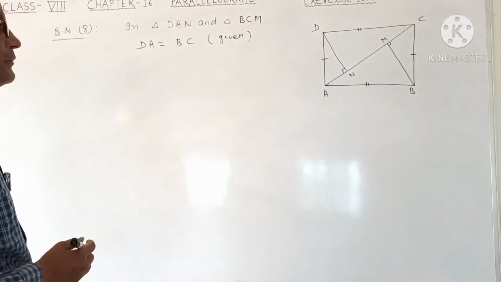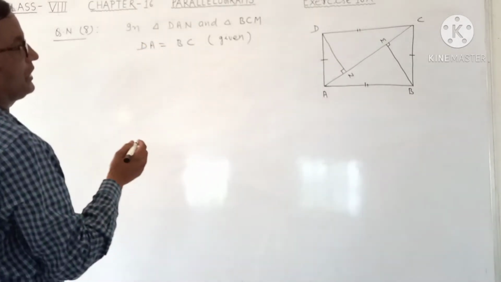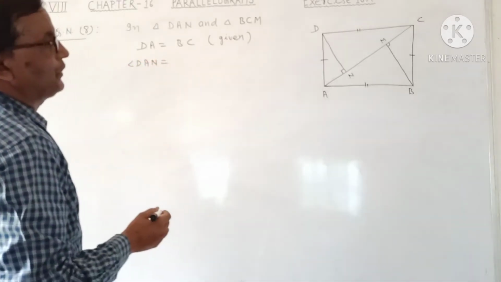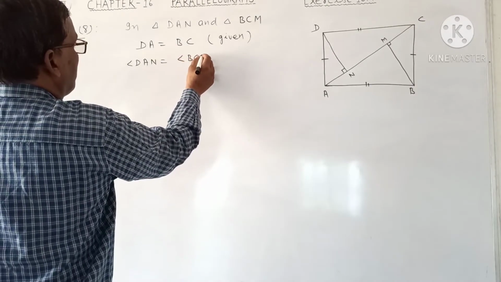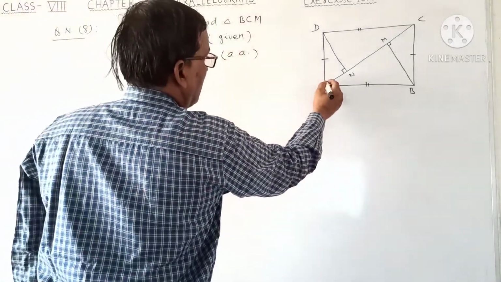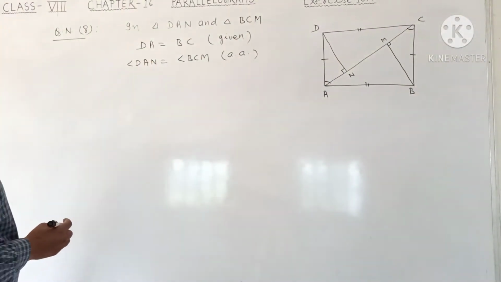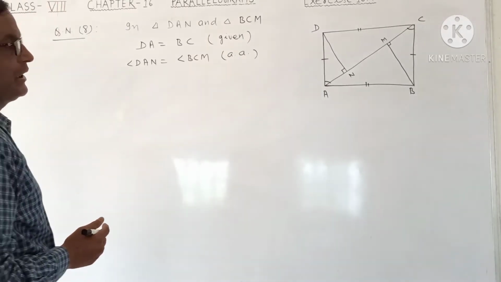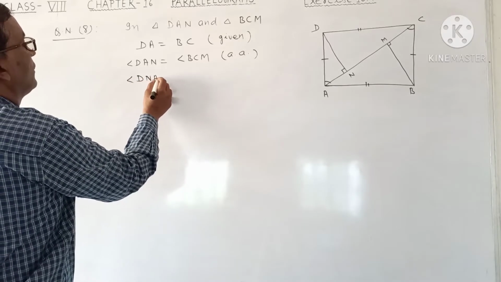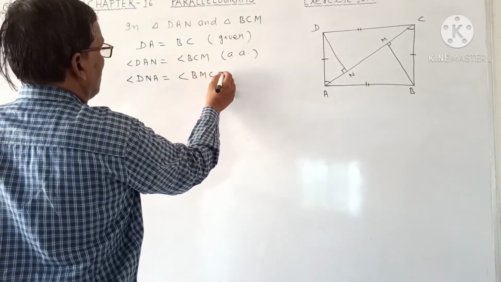And angle DAN is equal to angle BCM. अल्टरनेट एंगल्स, ये एंगल इस एंगल के इक्वल होगा. And angle DNA is equal to angle BMC, 90 degree.